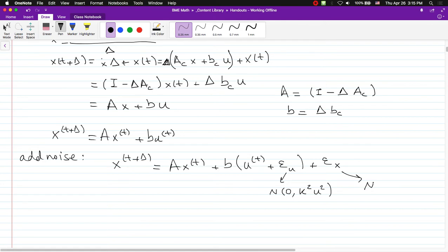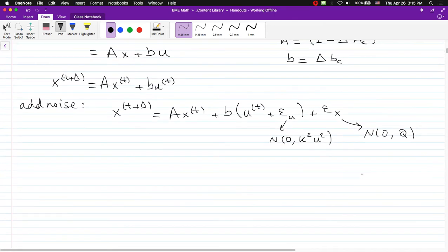Epsilon x is a normal with mean 0 and variance q. Okay, so that's our system.